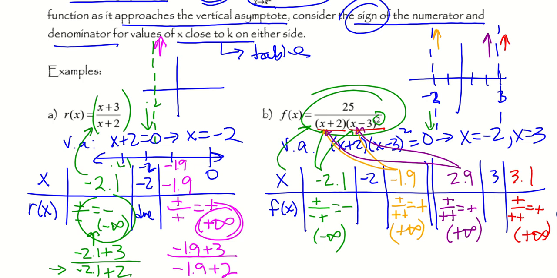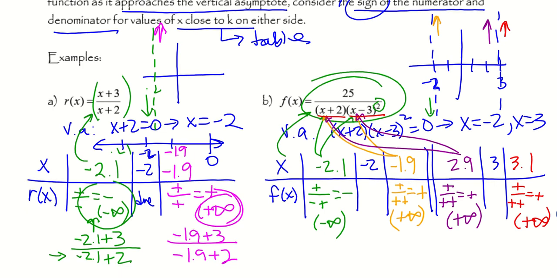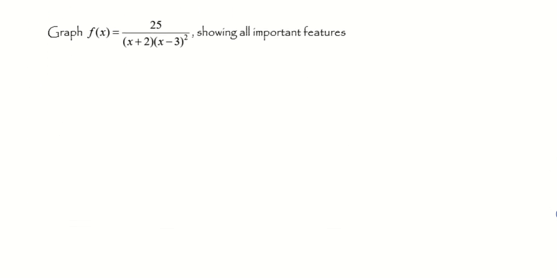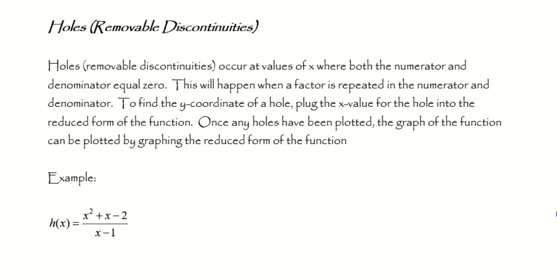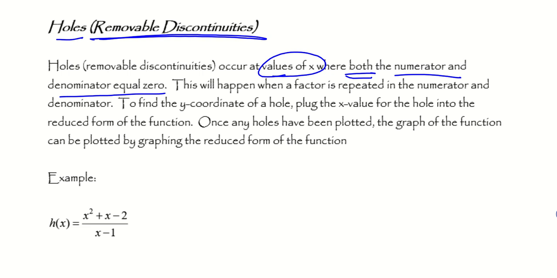We're going to add one more feature here. We'll come back and do this graph tomorrow. We're going to talk about holes. Holes, which is a comfortable common name, is technically called a removable discontinuity. And they occur at values of x where both the numerator and denominator equal 0.